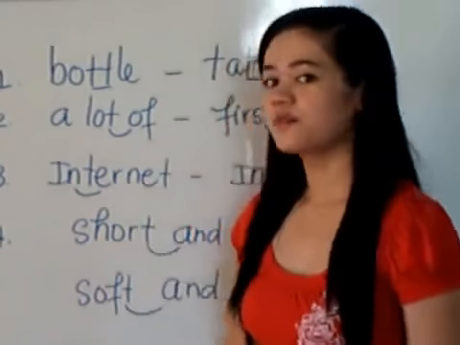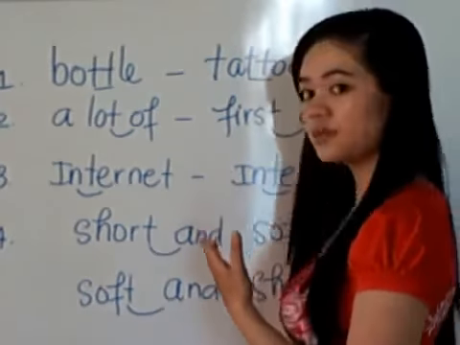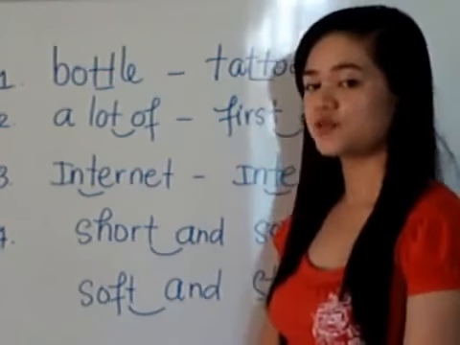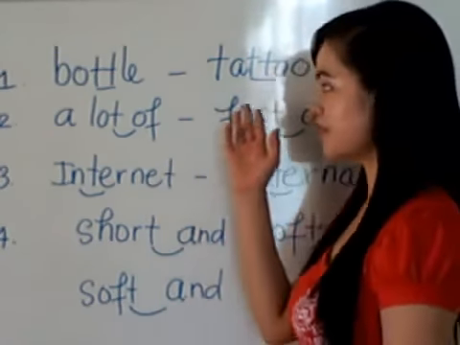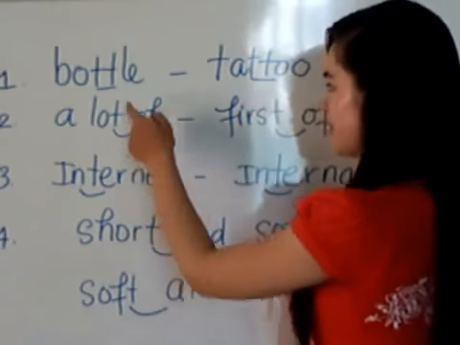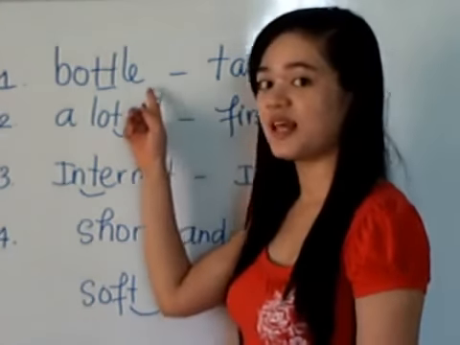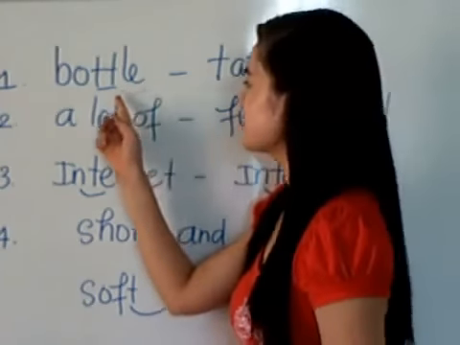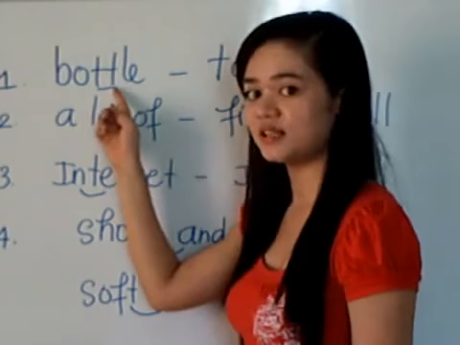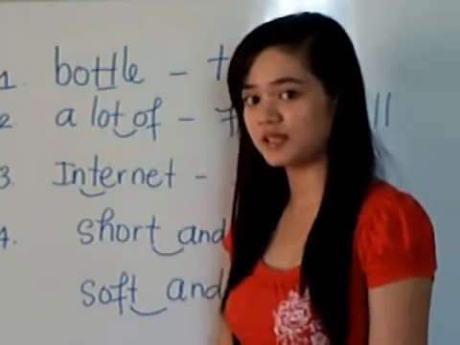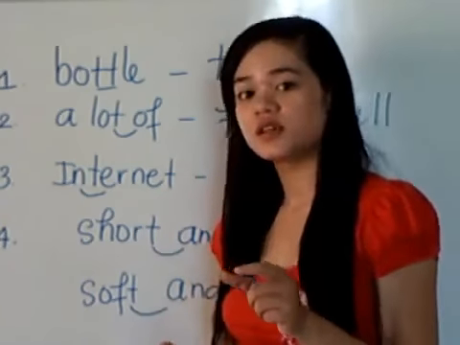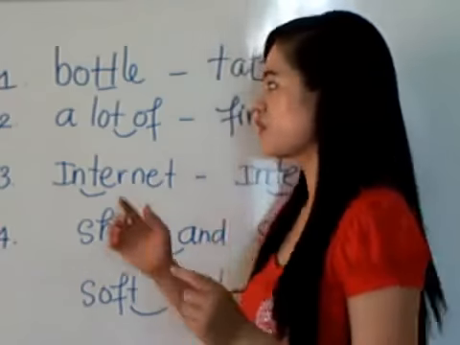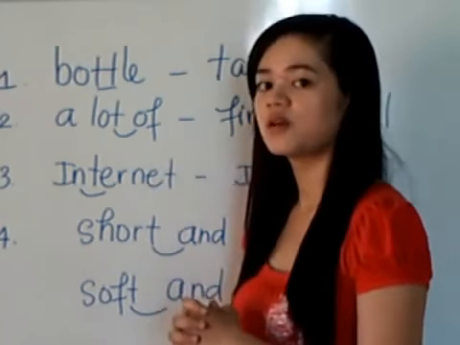Well, to help you understand more about the words composed with true T, let's see the examples. First, I want you to look at these pairs and make sure that you pronounce them correctly. The first one, look at this pair. How do you pronounce this word? Alright, look at this. This is double T. Do you remember the rule of flat T? When it has double T in the word, we change T into D, so we say bottle.